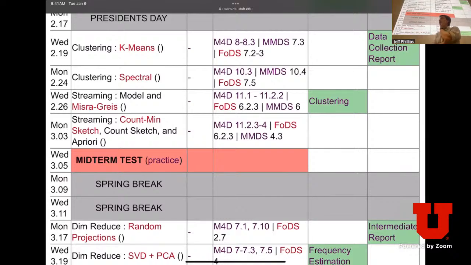It will probably be slightly longer, but hopefully not harder than the midterm practice test. The other important thing is it will cover everything up until the test, so the streaming algorithms are possibly on there. You will be allowed to bring in one sheet of paper, front and back, 8.5 by 11.